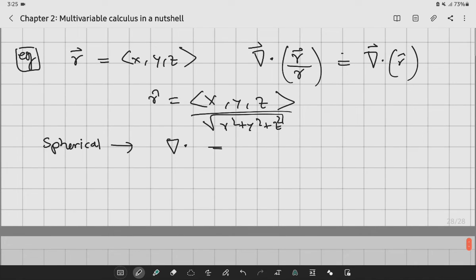You don't really have to remember any of that. All you have to remember is that since you have r here, if you express this r hat in spherical coordinates, I'll have 1, 0, 0, because the theta component is 0, the phi component is 0. So this is what you'll get.